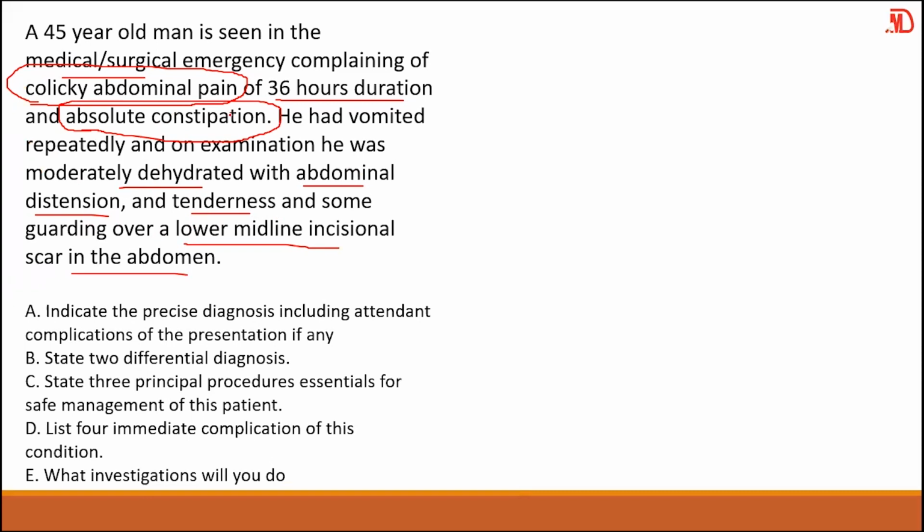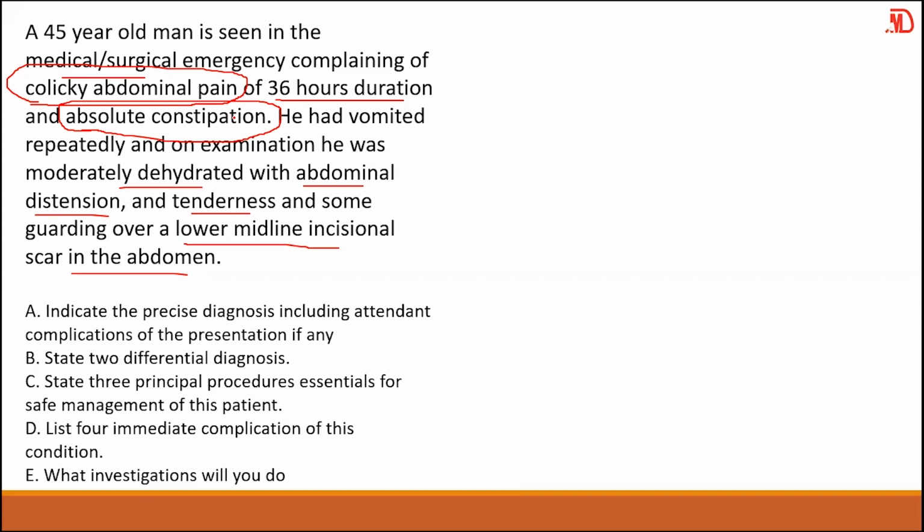And when you see these things, you're definitely thinking of a problem with obstruction, or intestinal obstruction. That is what comes to mind because you're not able to pass stool. Something is obstructing or blocking it. So please take note of that.